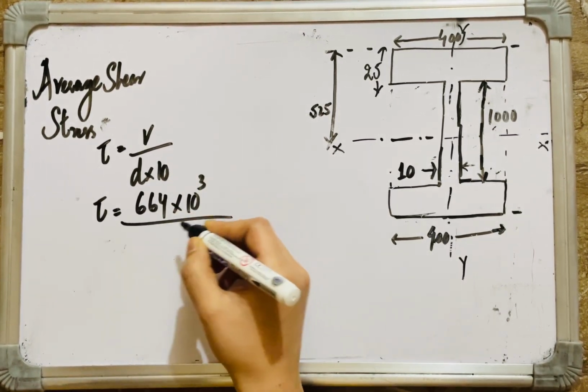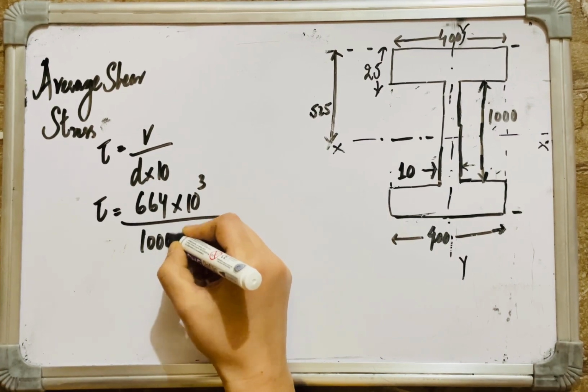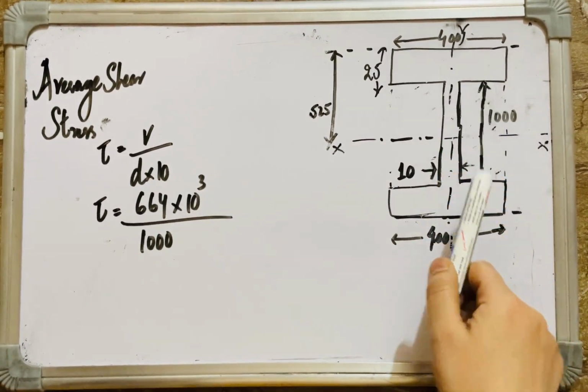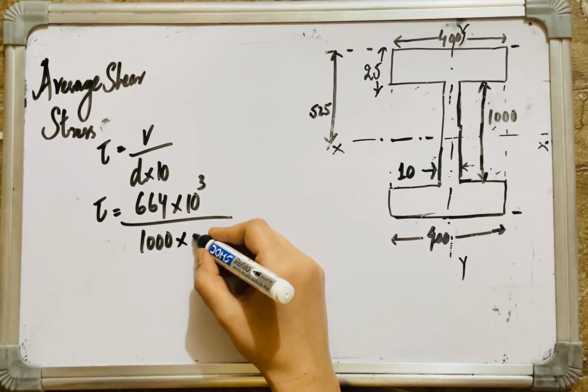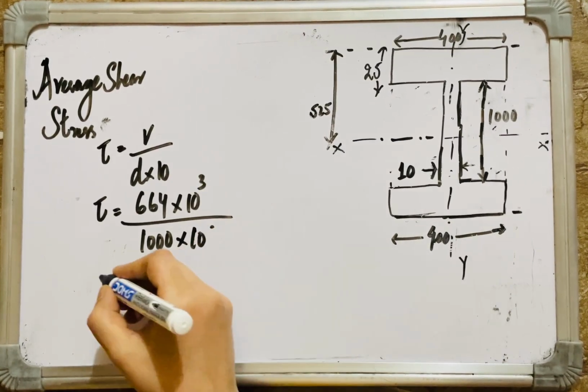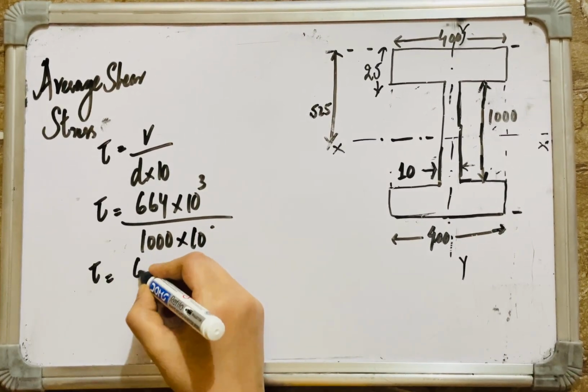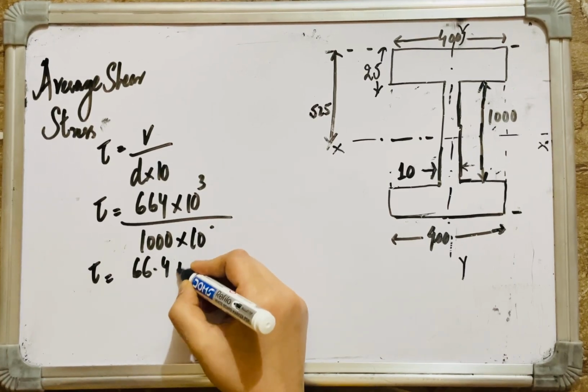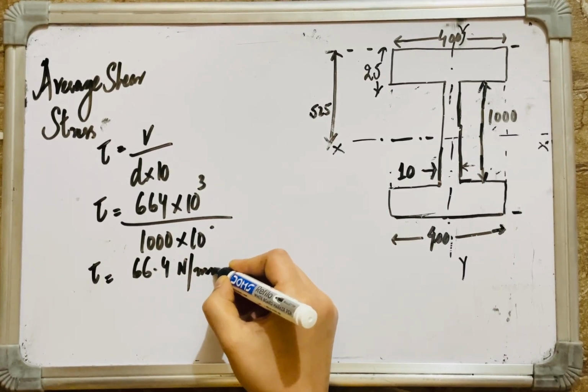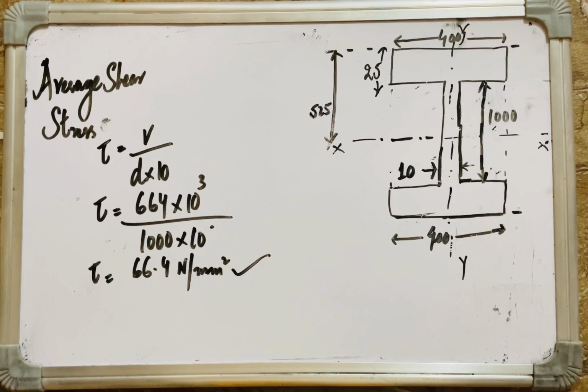D is 1000, and t is 10. By calculations, average shear stress is 66.4 Newton per mm square.